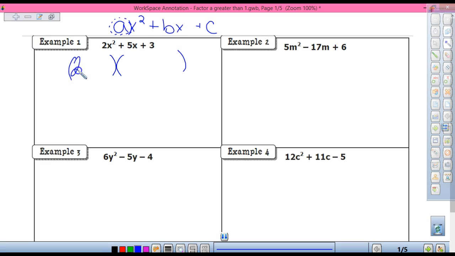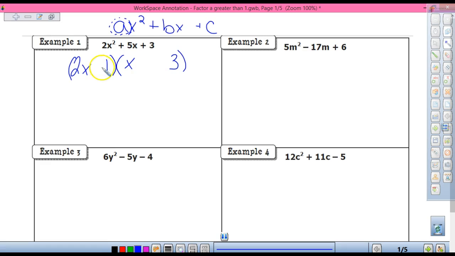All right, so we're going to have a 2x and an x. What do I multiply together to get to 3? 3 and 1. But now here's the deal. We've got to figure out where that 3 and that 1 go, because it's going to change based on where we put them. Okay, so if we put 1 and 3 right here, pay attention.